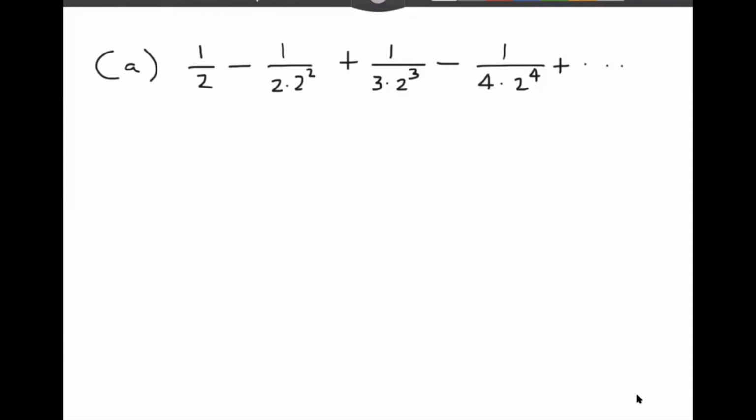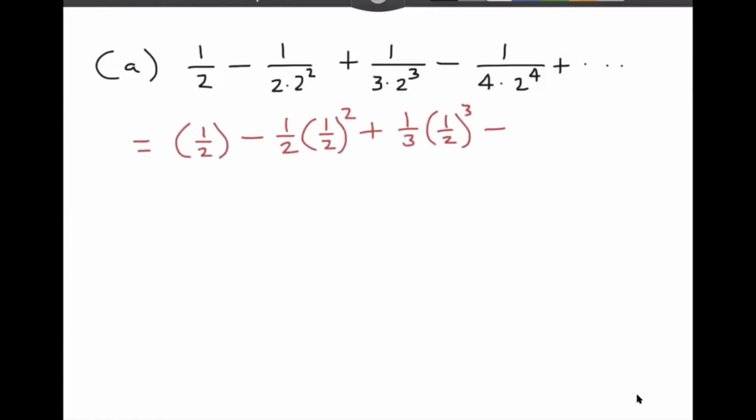Basically, this series can be written like this. You've got a 1/2 here, and then it's minus 1/2 times 1/2 squared plus 1/3 times 1/2 cubed minus 1/4 times 1/2 to the 4th, et cetera, et cetera.